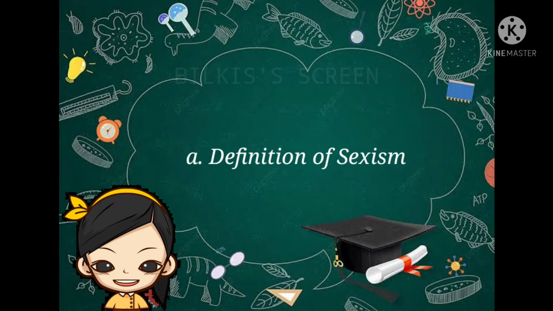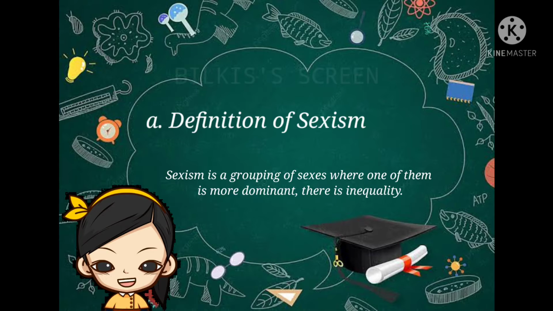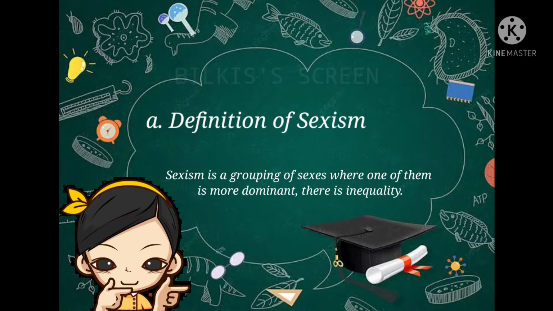Definition of sexism. Sexism is a grouping of sexes where one of them is more dominant. There is inequality. According to many experts, women and men are not equal, in which man is more dominant in his position. It's the influence of patriarchal culture that causes injustice in gender differences or sex stereotypes.